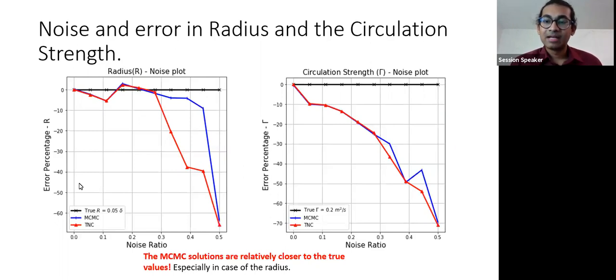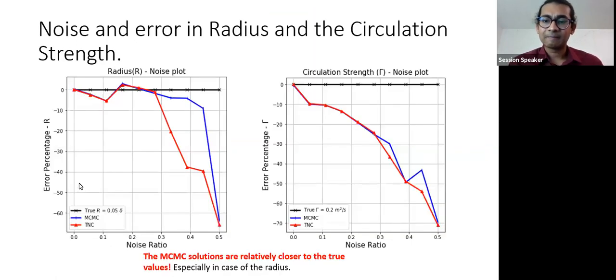And as we increase the noise, MCMC solutions in blue remain pretty close to the true values. However, the TNC values completely diverge from the true values, which can be seen in red. Now, if we observe the other plot of circulation strength, we notice that both the MCMC and TNC are performing poorly, and they both diverge from the true solution pretty quickly as we increase noise.